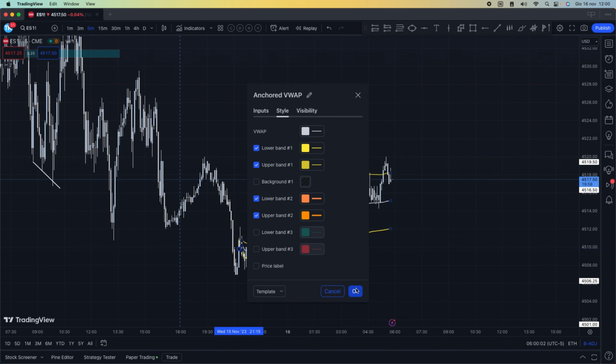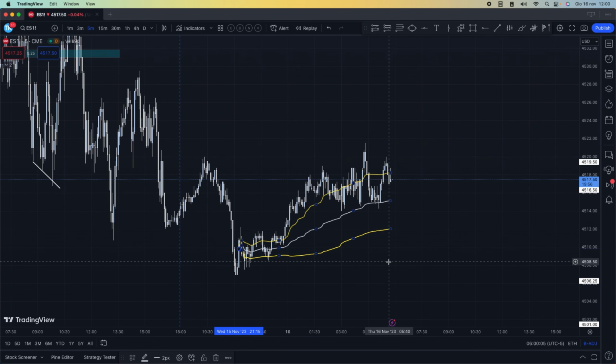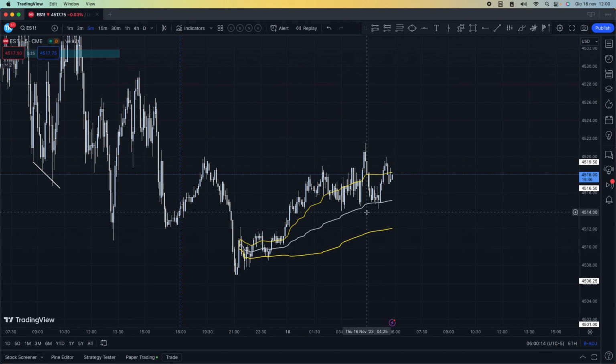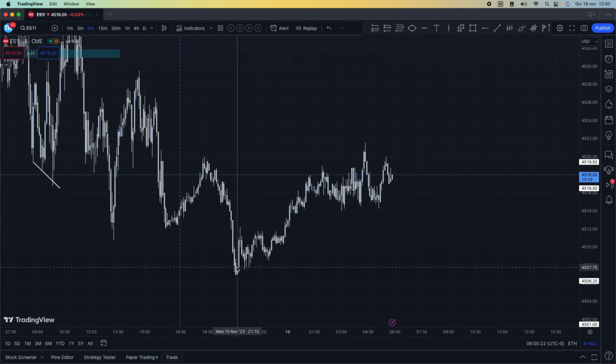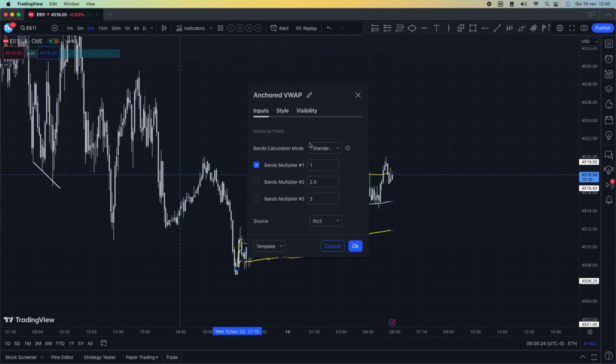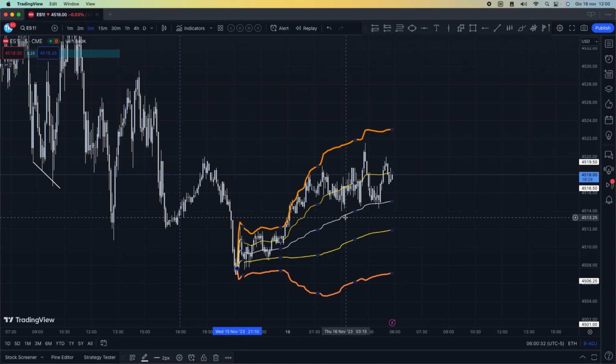The logic behind this indicator is that when price is moving far from the VWAP, which is the white one, outside the bands, you can also add two bands or three, as you want, price tends to re-enter to find balance in the market.